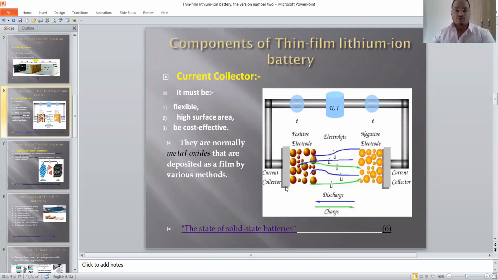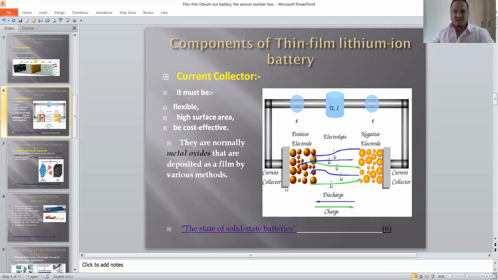Now let's talk about another component, another element, which is the current collector. We know, and anyone in the physics department knows, that in any electric device we have a current collector. It is the same thing with the solar cell system, I mean.